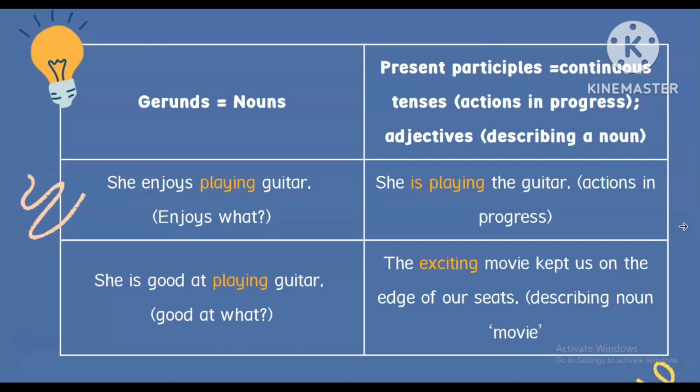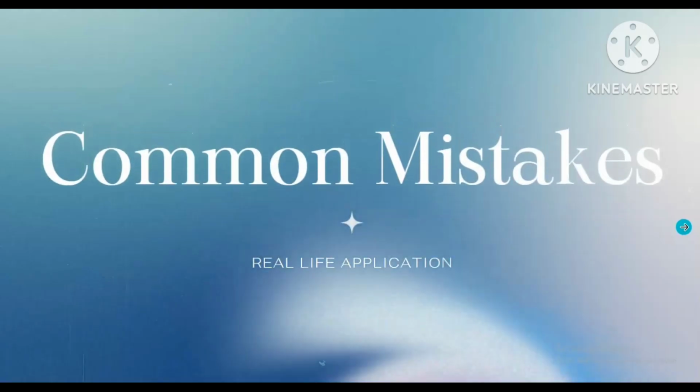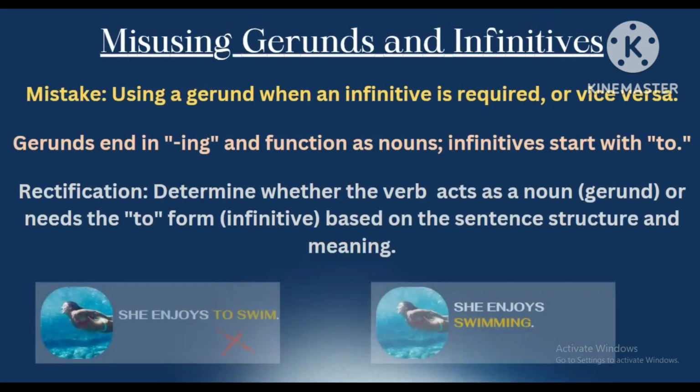Now it's time to walk through the common mistakes that we do in our daily life while using non-finite verbs. The first common mistake is our tendency to misuse the gerunds and infinitives. Now, the question is, how will you identify if it is a gerund or an infinitive?